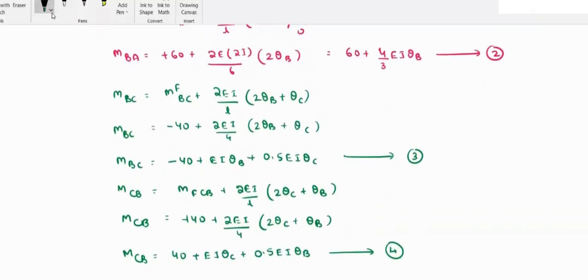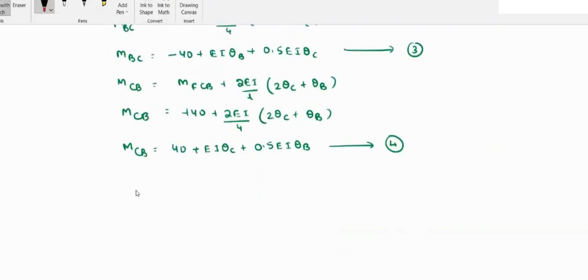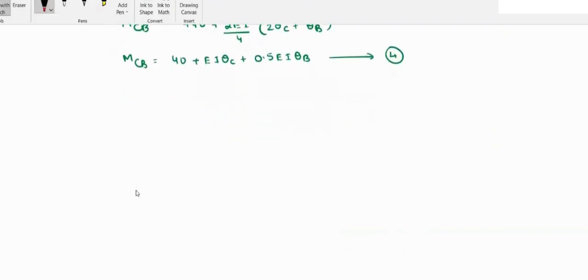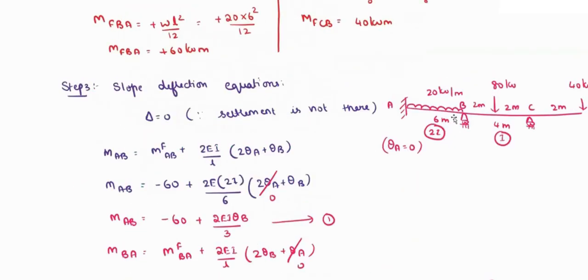Now the next step is you are going to use the equilibrium conditions. Step 4 will be your equilibrium equations. Coming to your equilibrium equations, we will just see the figure. For this figure, you can see 2 joints are there, that is B joint and C joint.